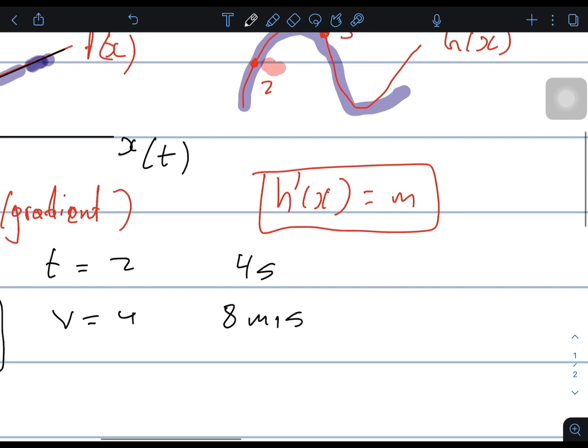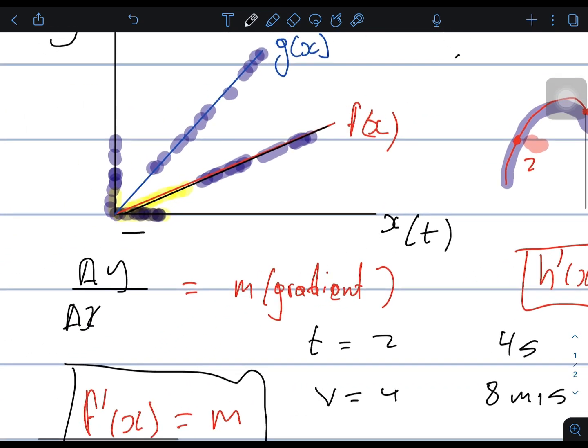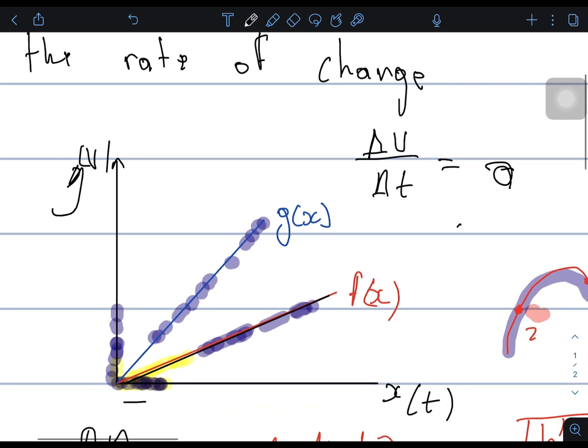If we add 6 seconds, the velocity is 12 meters per second. Now that is showing us the gradient of the curve, which is the gradient of velocity versus time, the acceleration. I have basically defined differentiation.